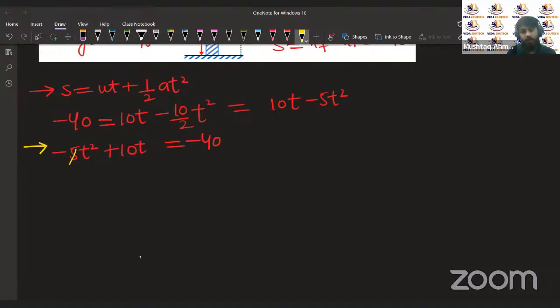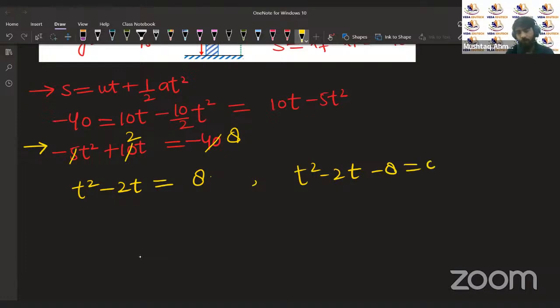So here we can cancel the 5, and 40 divided by 5 is 8. We can rewrite it as t square minus 2t equal to 8. Or we can say that t square minus 2t minus 8 is equal to 0.